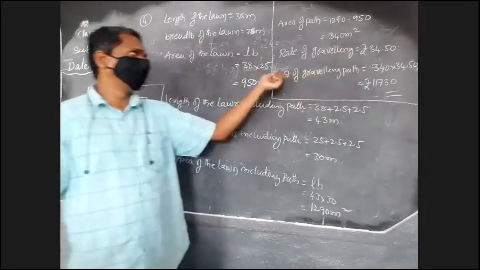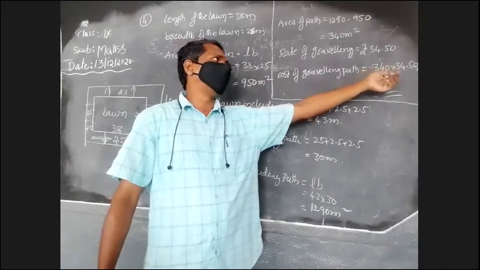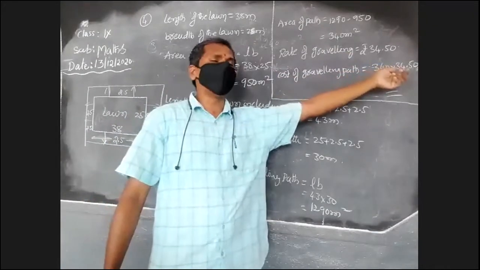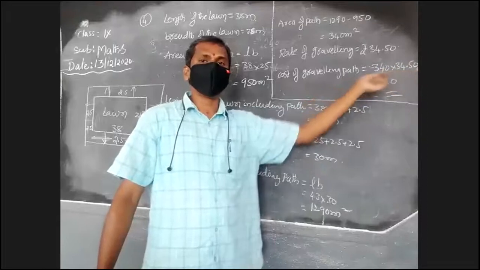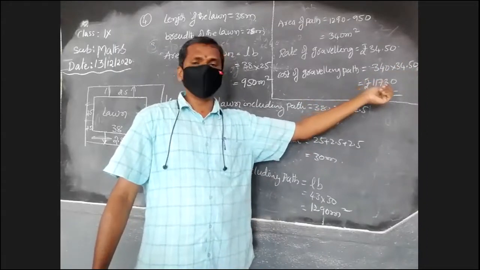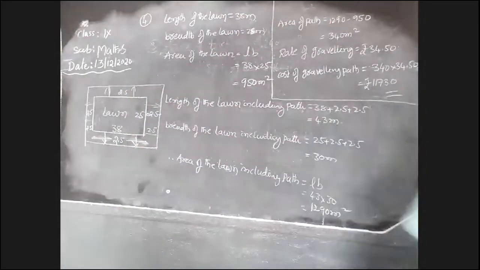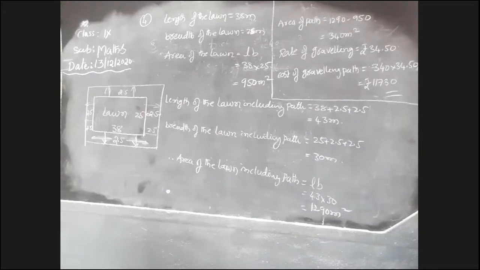Therefore, cost of graveling path is 340 meters square into 34 rupees 50 paisa, so that is rupees 11,730. Write or take screenshot.